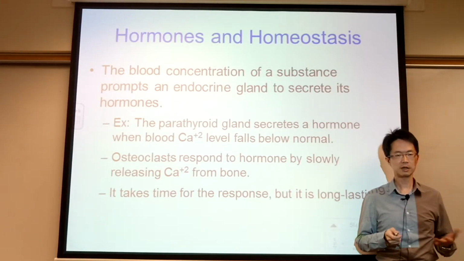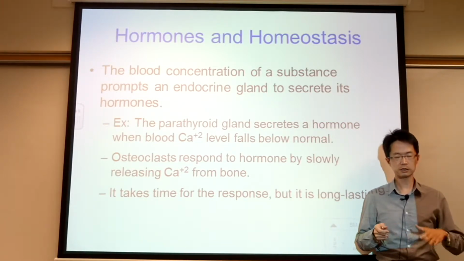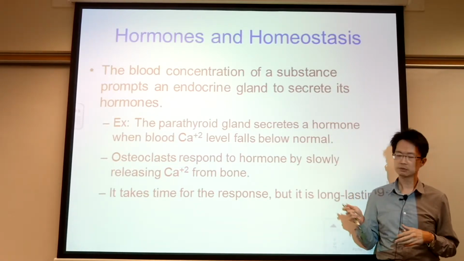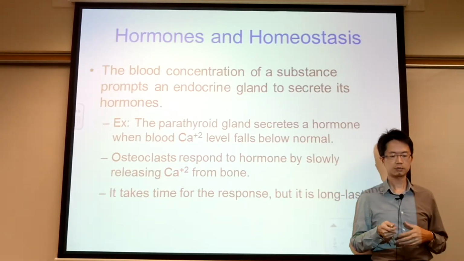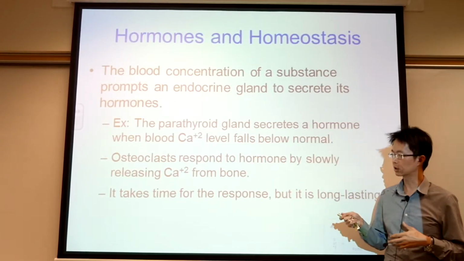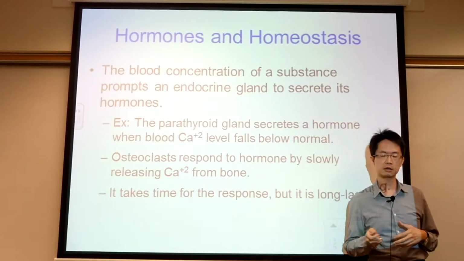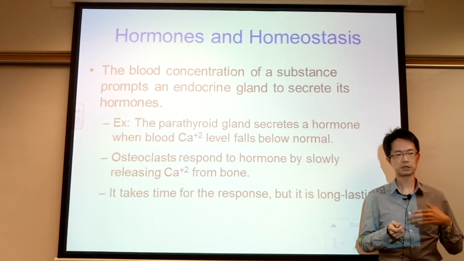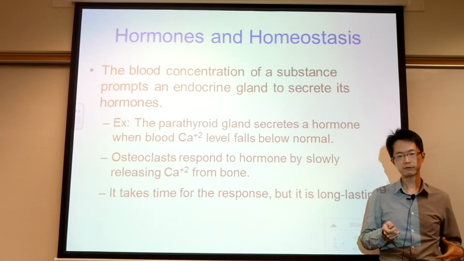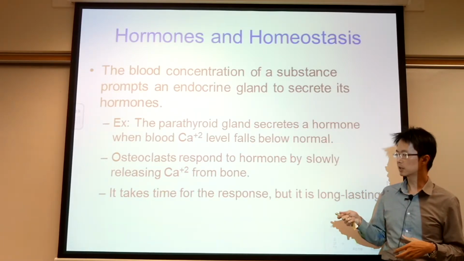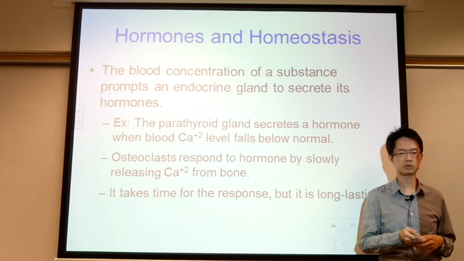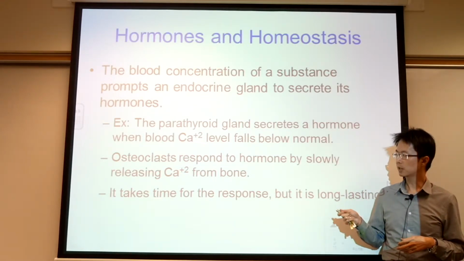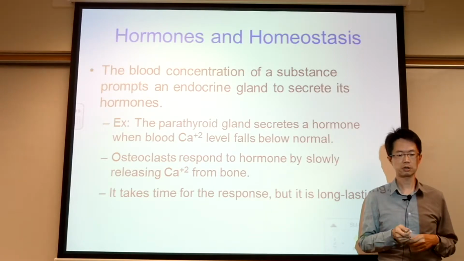Then the parathyroid gland will secrete parathyroid hormone, and the parathyroid hormone will tell osteoclasts. An osteoclast is one form of bone cell that can dissolve the bone. When they dissolve the bone, it will release calcium from the bone into the bloodstream, and hopefully it will restore the low blood calcium level back to its original level.